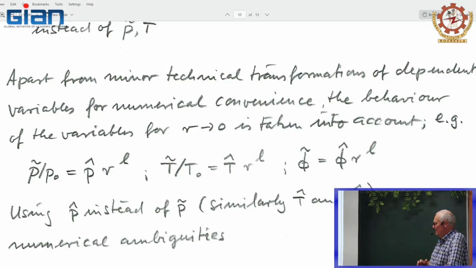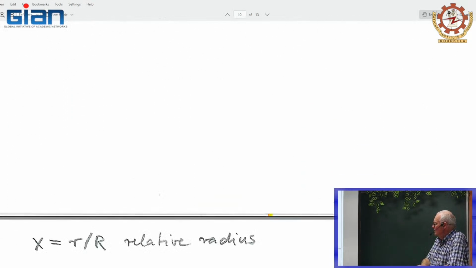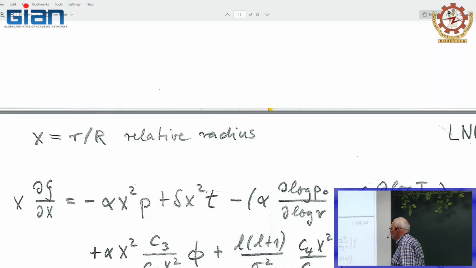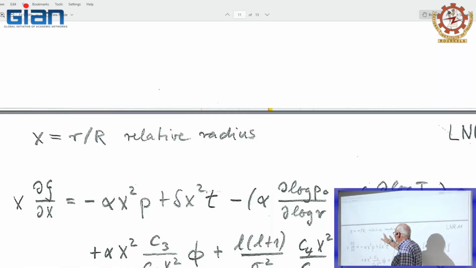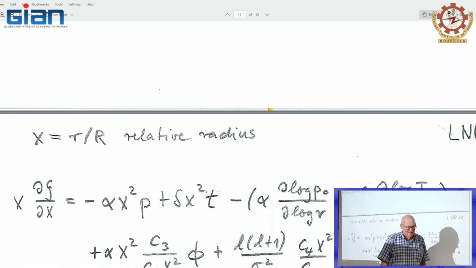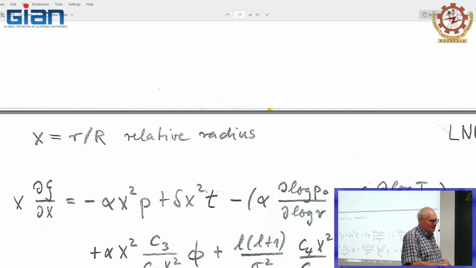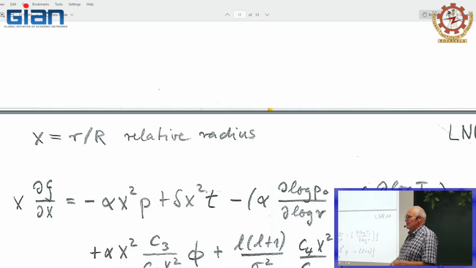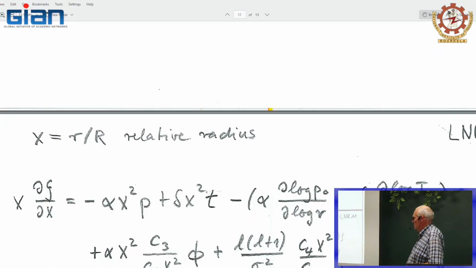What we end up with, I have written in terms of x, which is the relative radius, as the independent variable. These are the equations which we get as the perturbation equations, or the linearized version of the momentum, mass conservation, energy transport plus potential equations.